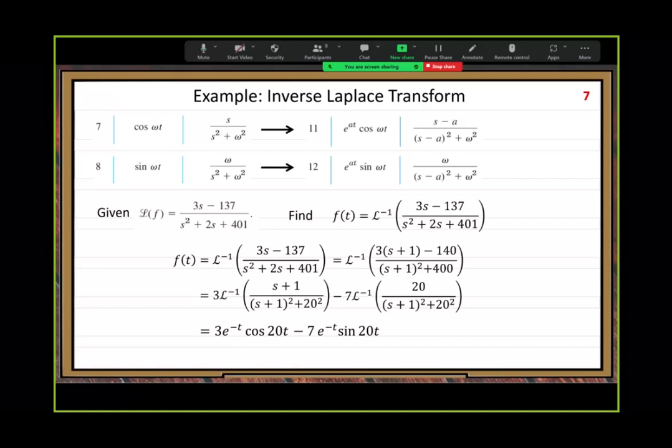See? That's how you do the calculation. Basically, you do decomposition, similar to your partial fraction decomposition. Try to decompose into some standard structure. Here, our standard structure is like that.